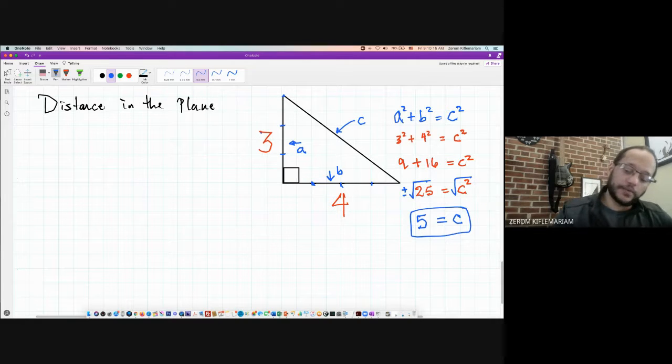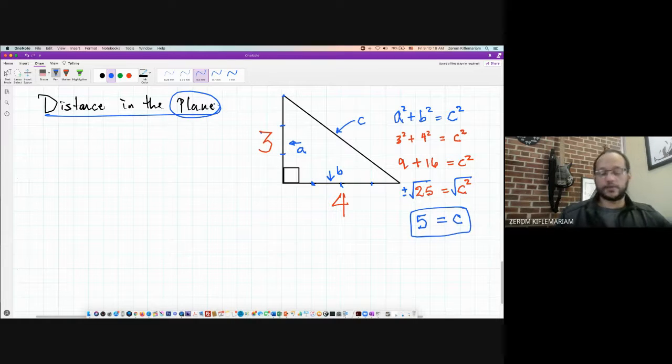But when we are dealing with distance in the plane, we are looking at the X and Y axis, the coordinate system.